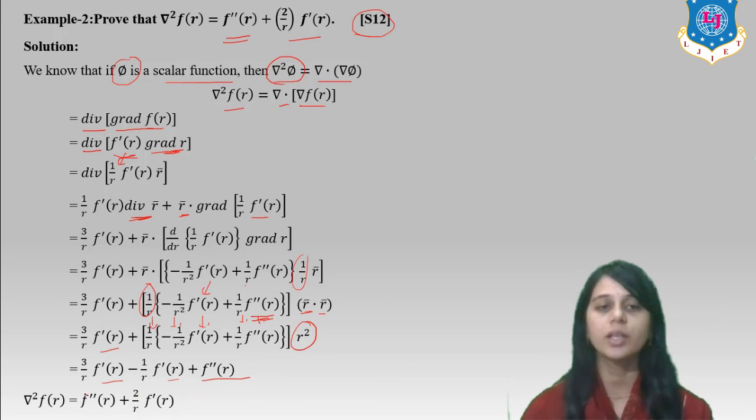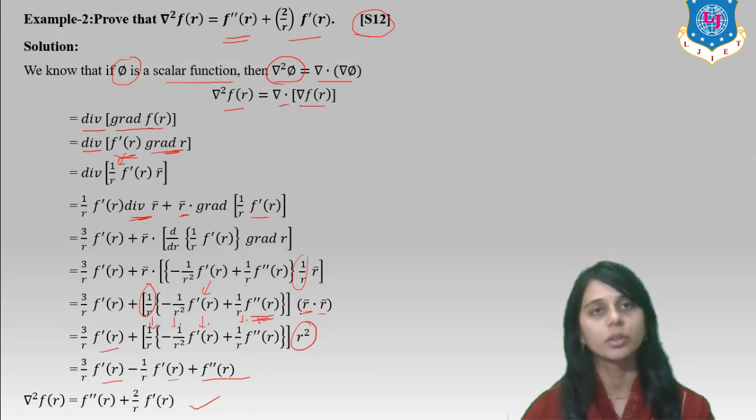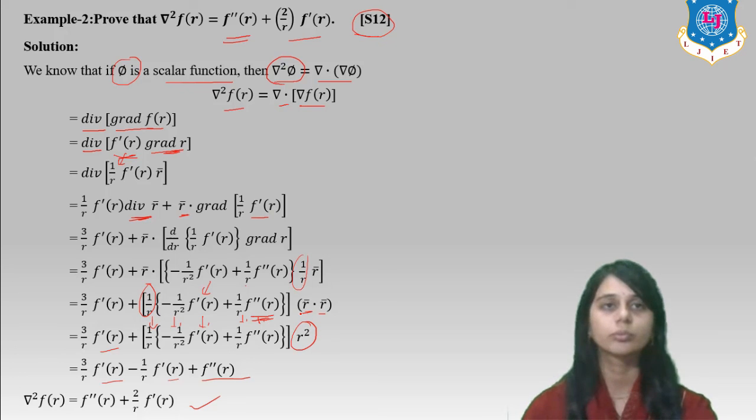Solving these, we get f double dash r plus 2 by r f dash r. So this is a proof of identities using some important properties of the curl, divergence, gradient, and Laplacian. Okay, thank you.